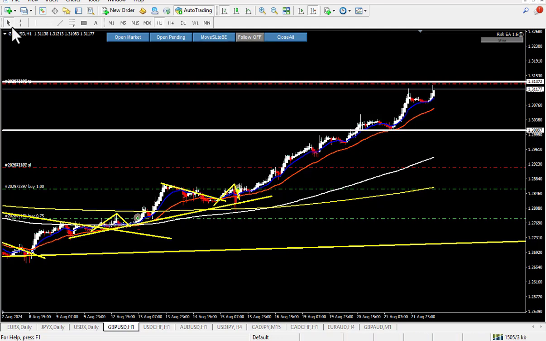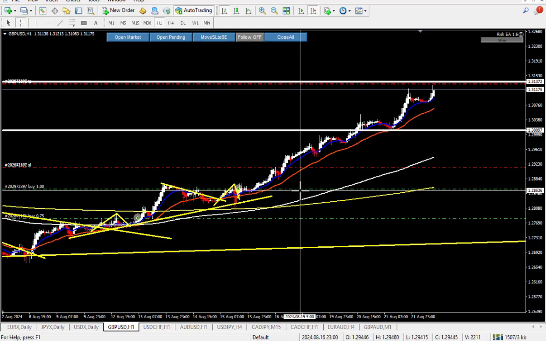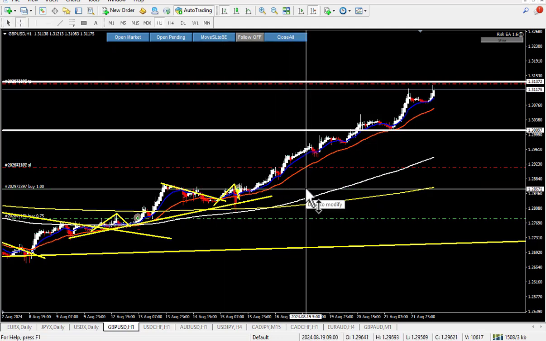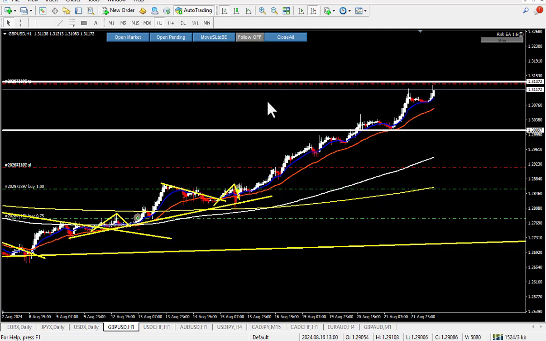The first trade which I have taken is almost more than 22 times profit, and the second one is almost 18 times profit. And now I am just closing all the trades because it reached my target area.